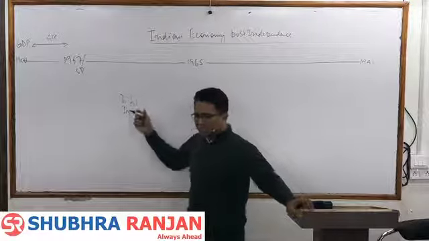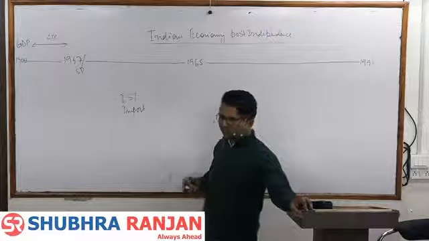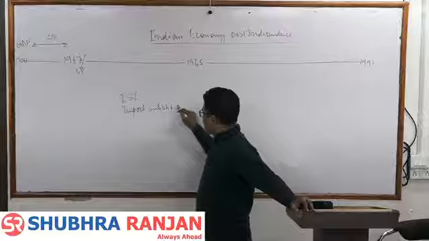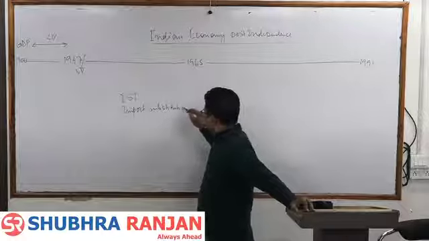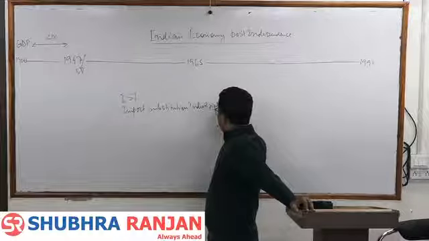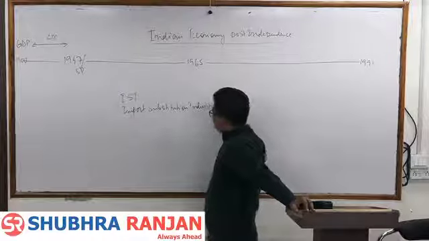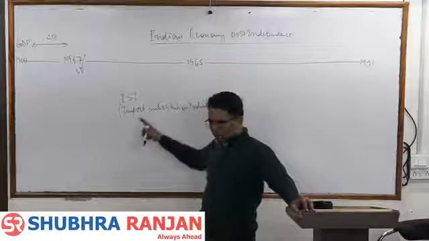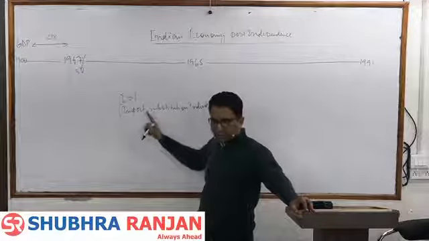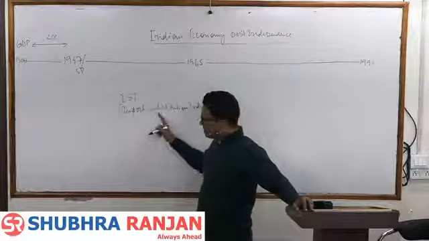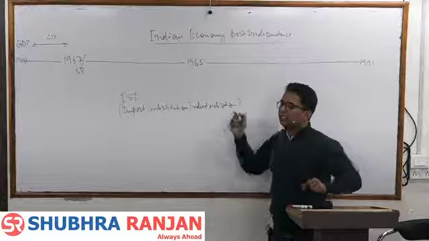Post 1950 we adopted the industrial strategy, import substitution industrialization. That means substituting the imports, because at that time India was dependent on imports. So substituting the imports with domestic industrialization.